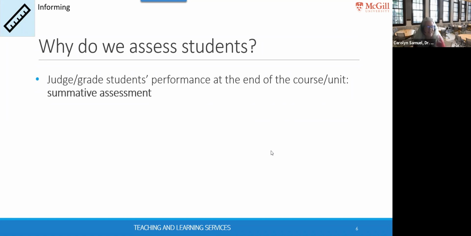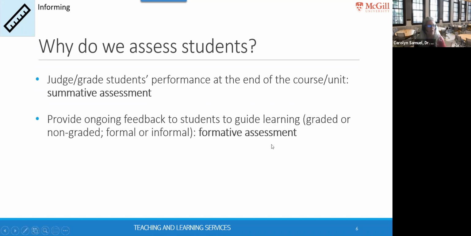To drive their learning, make sure our content is well delivered. All good ideas. Help them recognize what areas they've understood less well or cannot apply. To determine if the learning outcomes are reached. Okay, so everybody's right on track there.